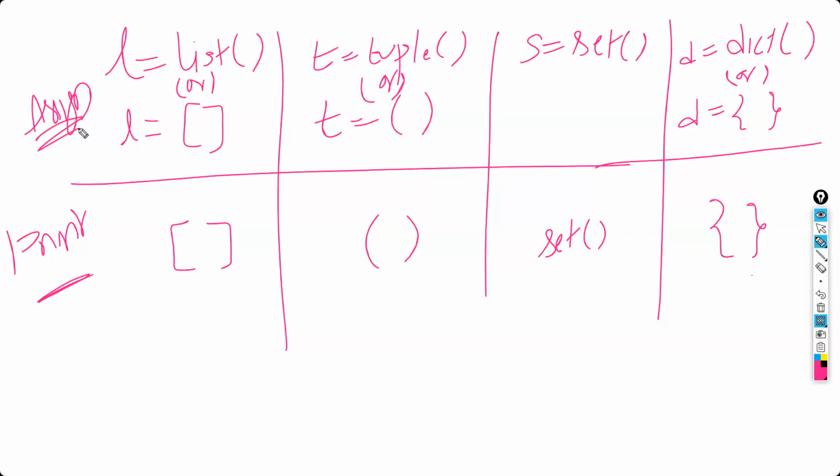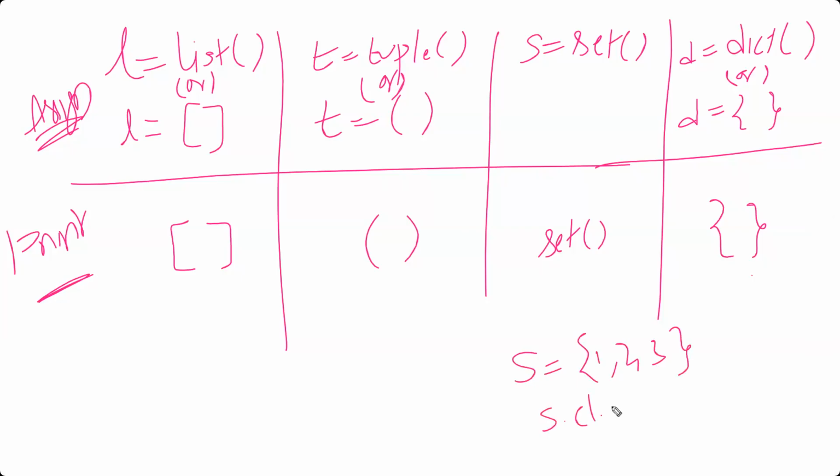For sets, you have only one option to create the empty set, and while printing also, it will print like this. Sir, why are you saying this, more importantly? Here, one important point is there. S is equal to 1, 2, 3. This is a set. S dot clear. Clear is applicable because sets are mutable.